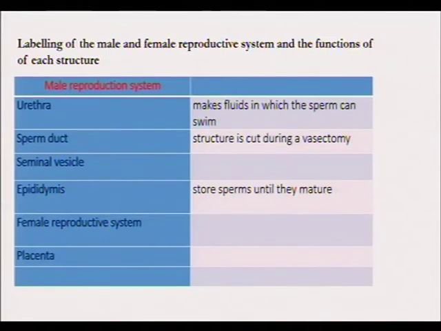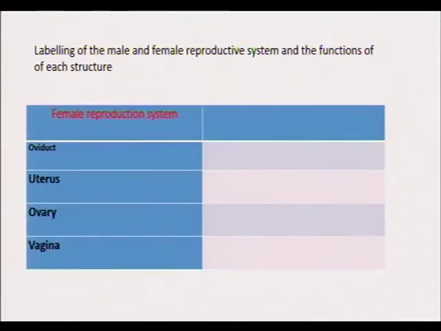Urethra, that's the structure which makes fluids in which the sperm can swim. You can do the same for the female reproductive system. You create a little table where you indicate the structure and then explain the function of the structure.